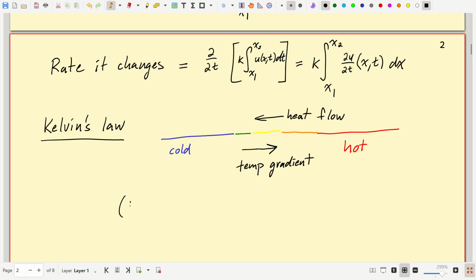So the rate of heat flow is proportional to the temperature gradient.